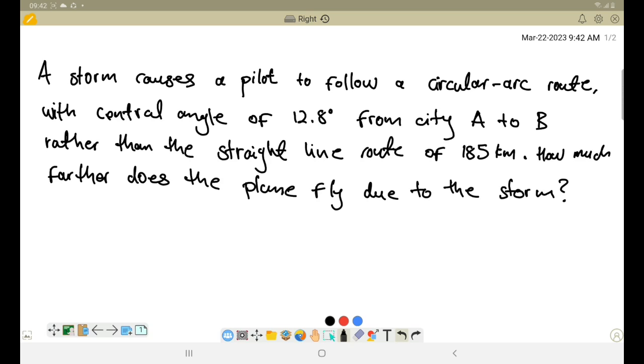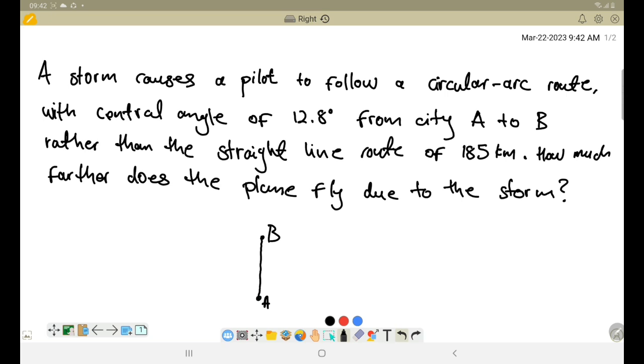So meaning that the pilot, instead of going a straight line, chooses to go in a circular path. So we want to find how much further it took him to get to city B from city A. We can sketch that he wants to go from city A to B. So this is the straight line path.